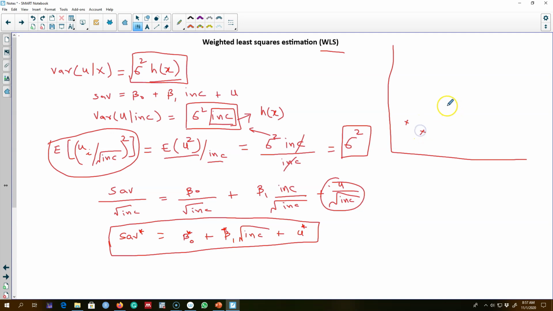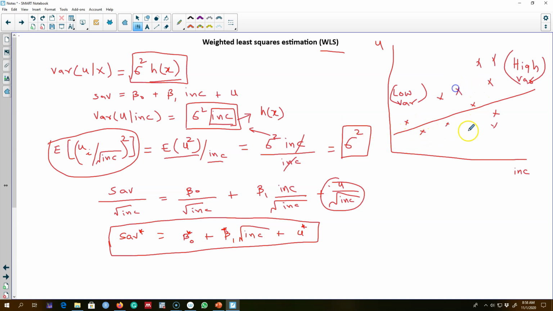We know that when we have heteroscedasticity in the model, if we draw a least square line, it goes like this. Now this is our low variance zone and this is our high variance zone, right? Because in this low variance zone, people with low income do not have many choices, hence their savings do not vary a lot.